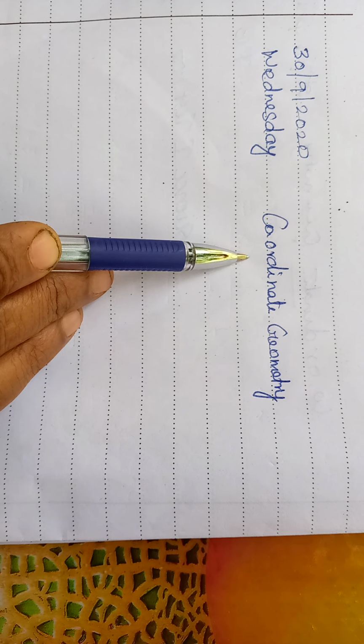A plus E by 2. This minus is common for both terms, so let's use small brackets. Now this minus is common for both terms, so let's multiply with that. Here the denominator is 2, is it?